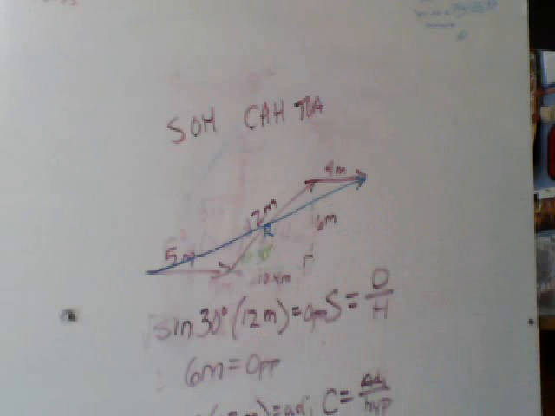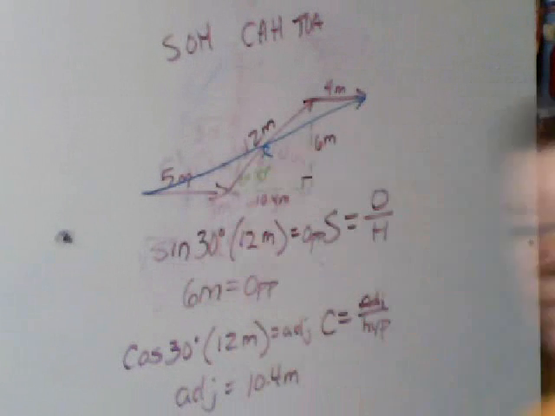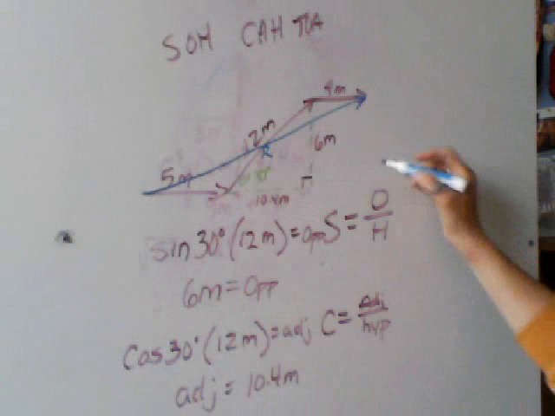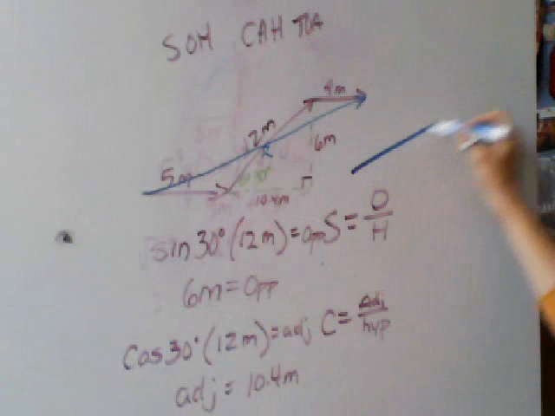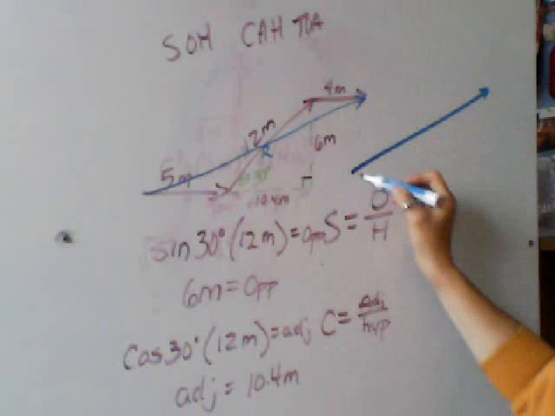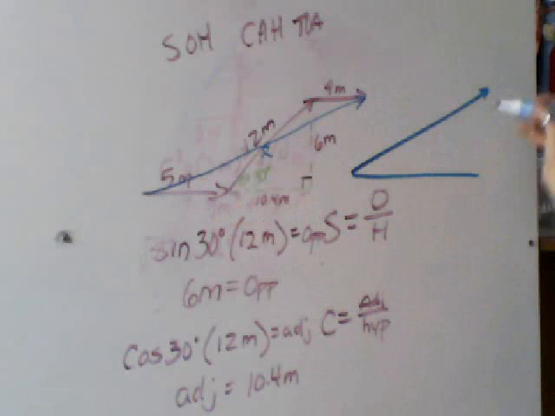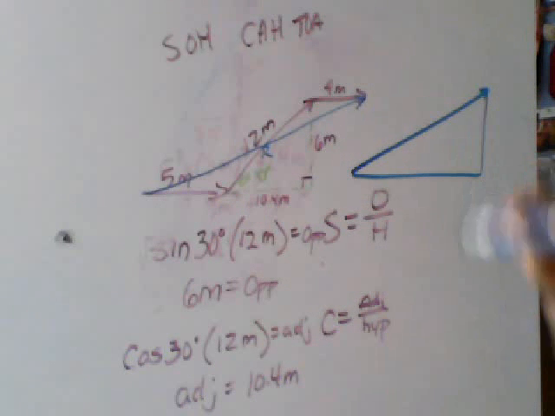Well, we can now take the information that we have and draw a whole new right triangle. And I don't know if that got lost on the board or not, so I'll put that there. Sorry. Okay, so if we draw a whole new right triangle, again with our resultant vector being the hypotenuse, then we can add in here. So how do we determine these sides?